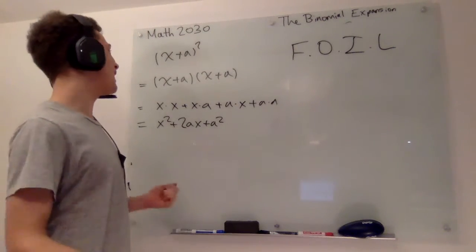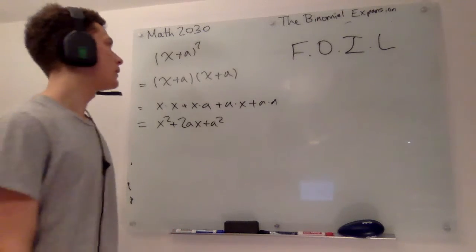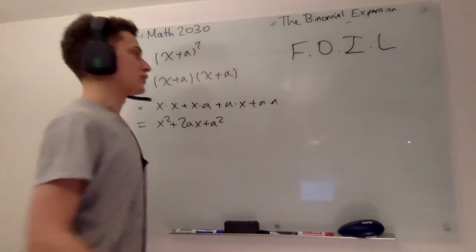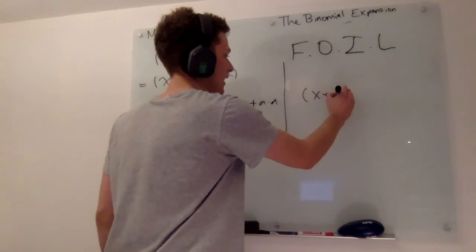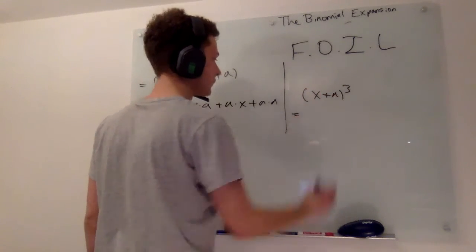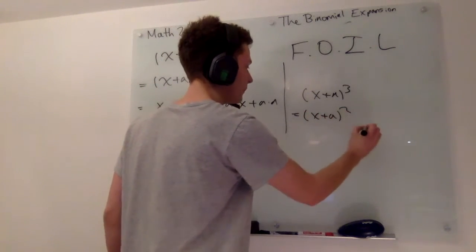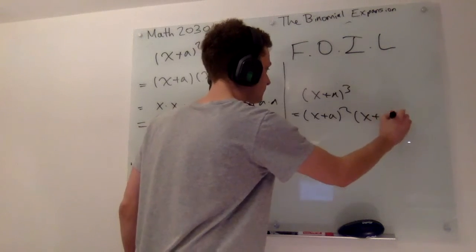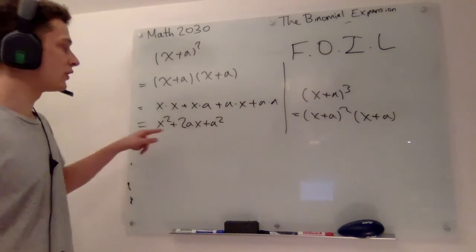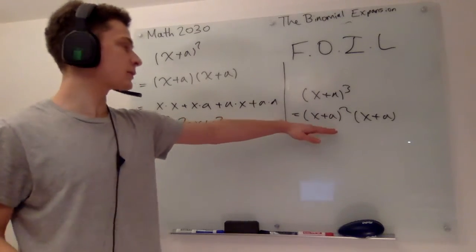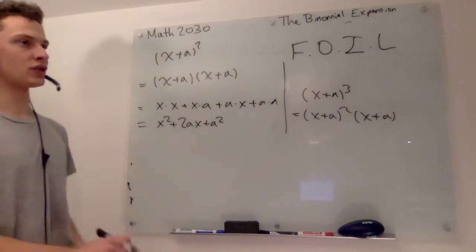But what happens if we have a binomial that's to a higher power than 2? We start to run into some issues. For example, let's look at x plus a to the power of 3. This is equal to x plus a squared times x plus a. We see from here we have 3 terms, so we're going to have a 3-term expression multiplying a 2-term expression, and our FOIL method doesn't work.